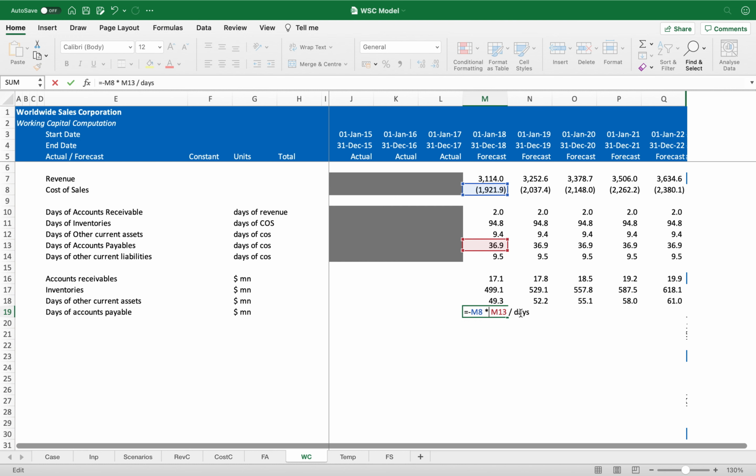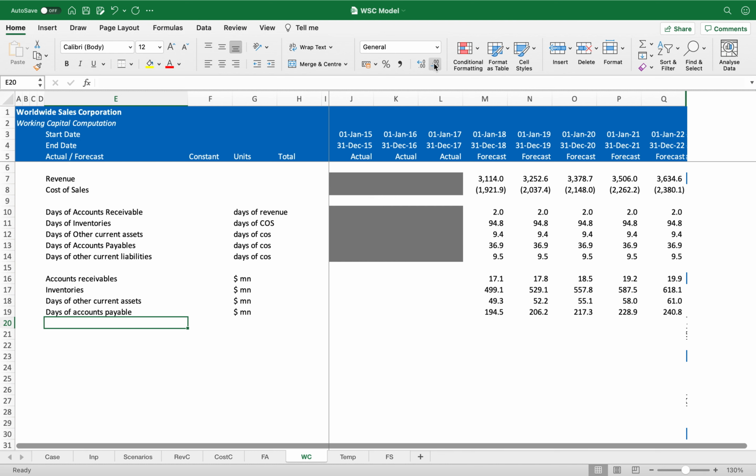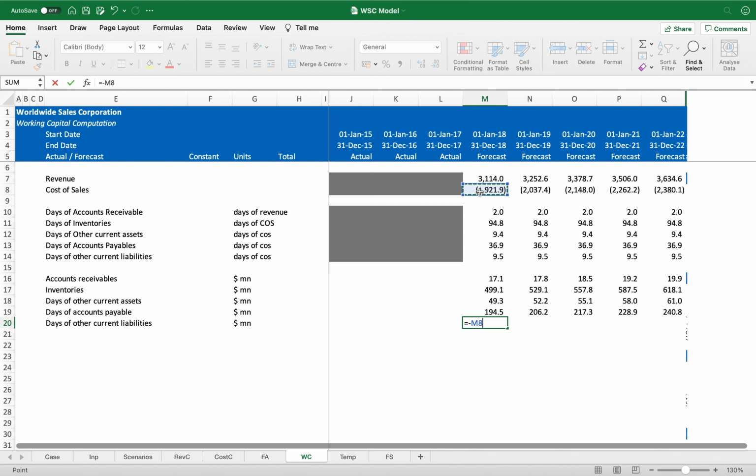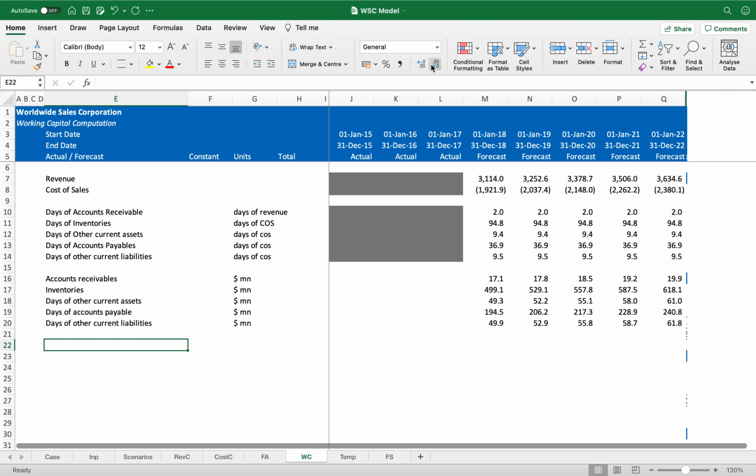Guys, I hope you are not copying and you are trying to do it on your own. I know this is something which is repetitive in nature, but let's just do away with this and move to taxation. Days of other current liabilities. All right. Now these are my numbers.